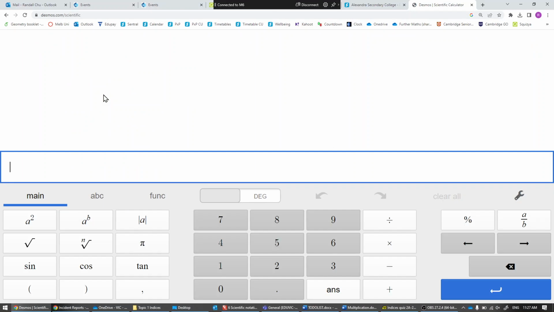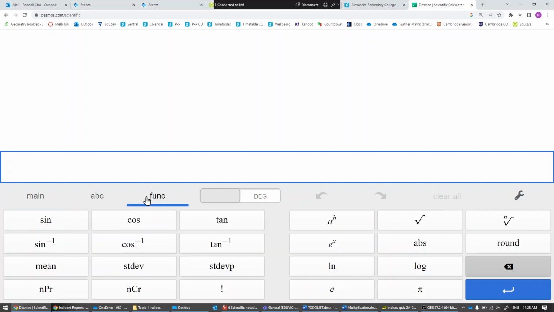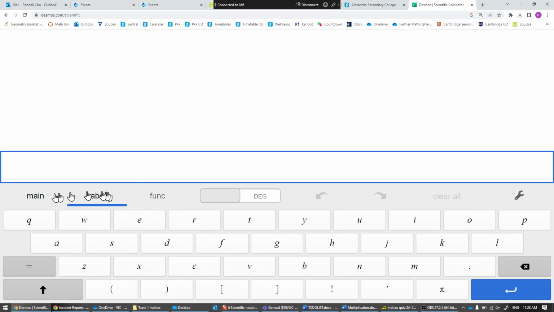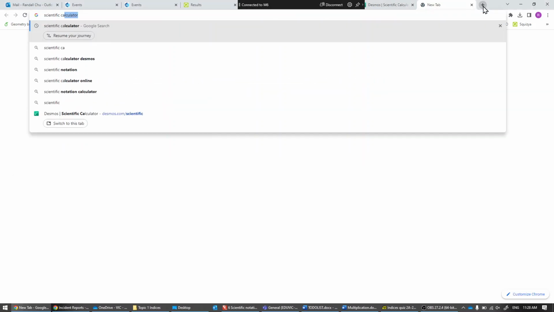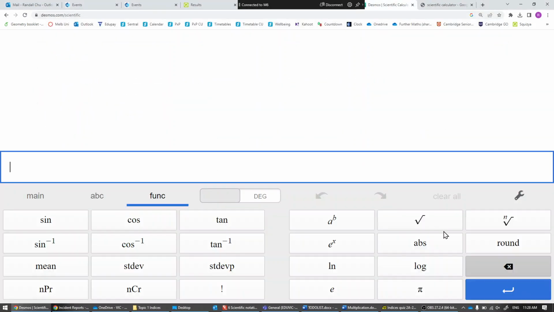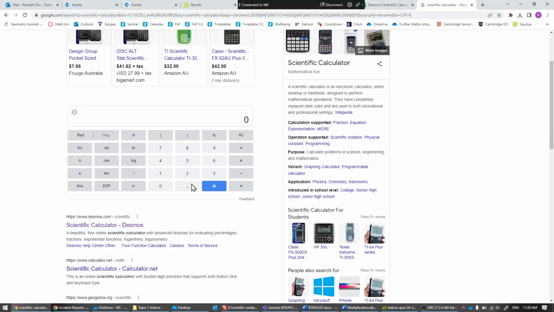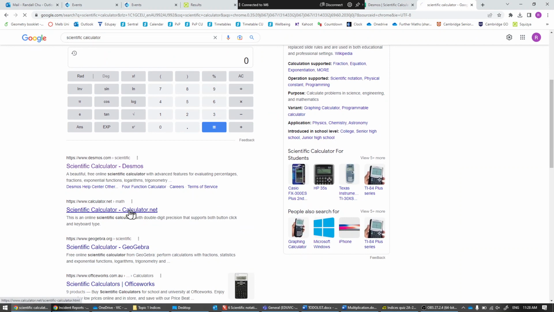Okay, so everyone has a different scientific calculator, but all scientific calculators should have this. Hang on, I'll just try to find a different one. Yeah, but there should be one that has just times 10 to the x.